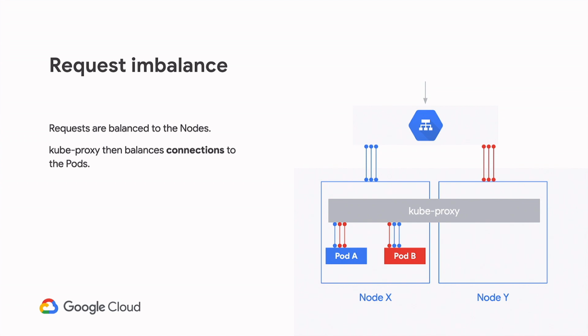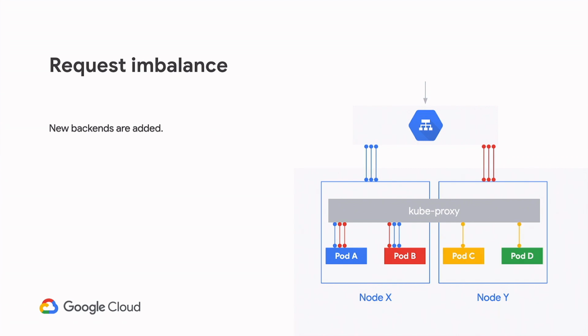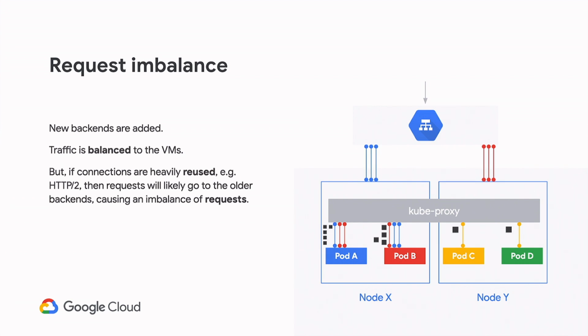So when the traffic hits the VMs, there is another kube proxy component that runs inside all GKE nodes. The kube proxy actually does a load balancing a second time to be able to decide where to send that traffic to. And even if you add those new backends, traffic is actually getting balanced to the VMs. So this is the default behavior.